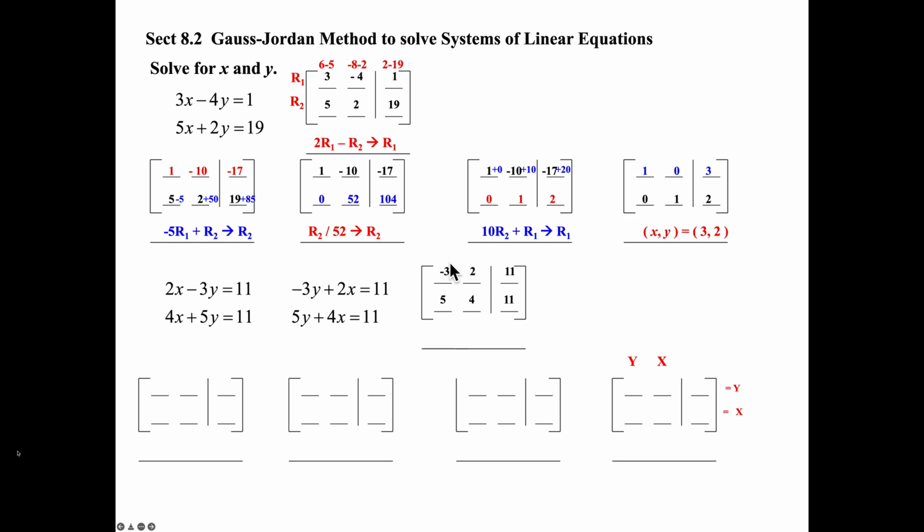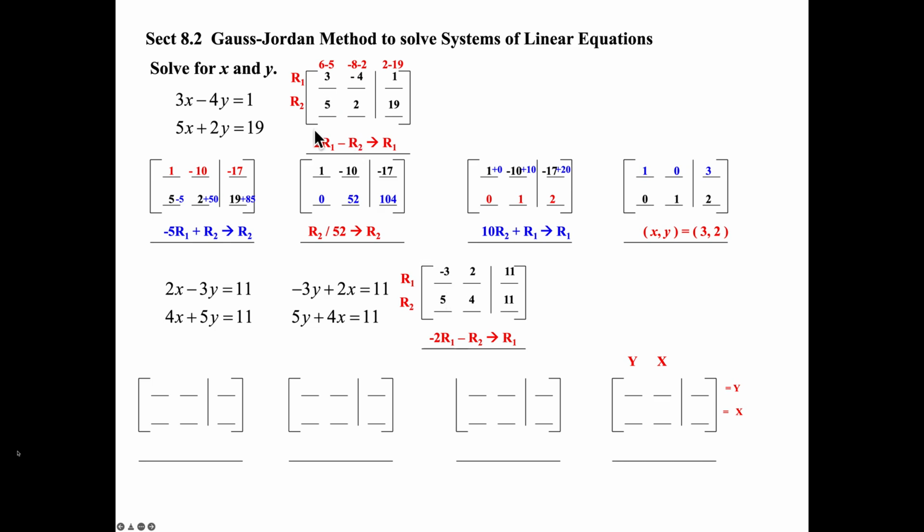All right, so I'm going to do the same thing. Let's turn this negative 3 into a positive 6 by multiplying it by a negative 2. So negative 2 times row 1. Again, that's negative 2 times the negative 3 will be 6, minus the 5 will give me a 1 right there.